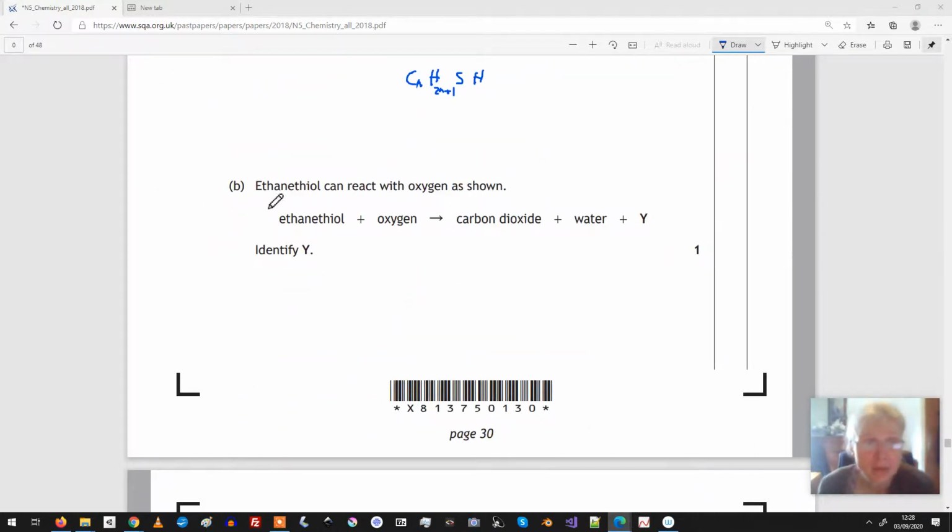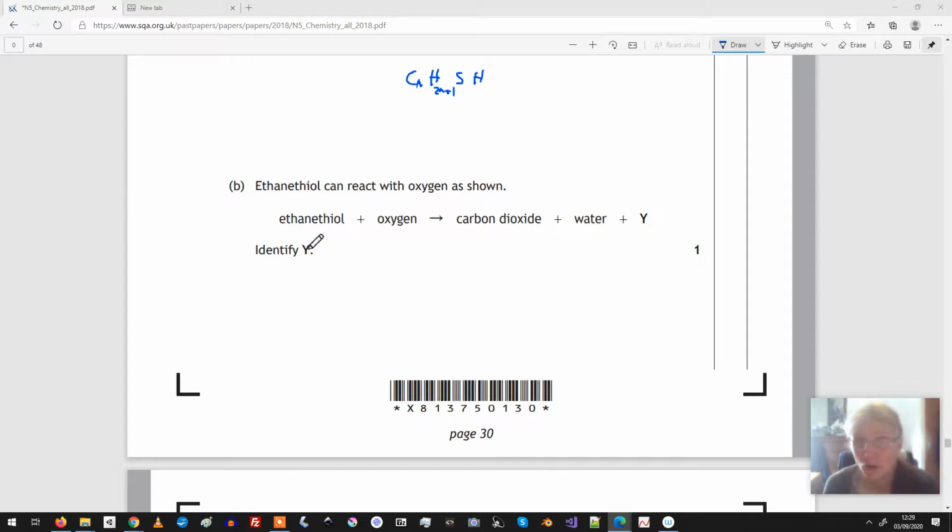Part B. Ethane thiol can react with oxygen as shown. Now, you should have done some background knowledge on fuels and acid rain, and you should have been taught in class that if fuels have sulfur in them, then they produce sulfur dioxide.